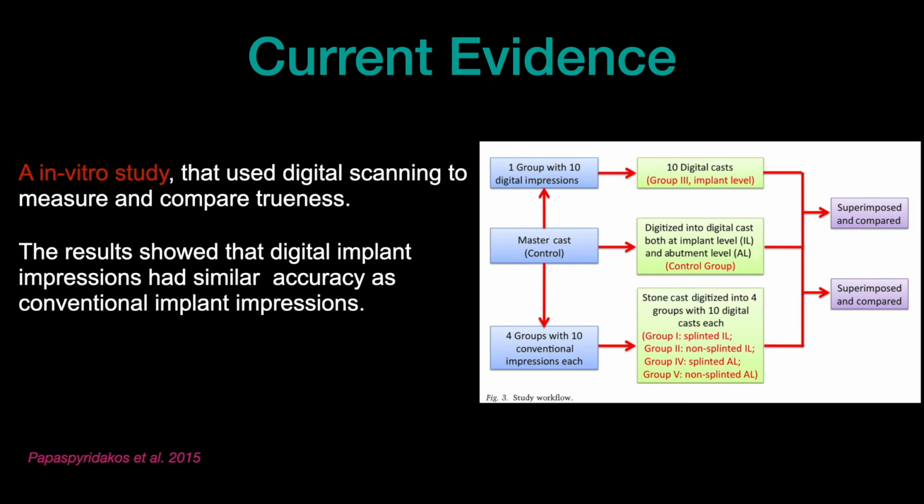The results show that digital implant impressions had similar accuracy as conventional implant impressions. Of course, we approach these results with caution because it's an in vitro study and we always need to verify it using a clinical study.